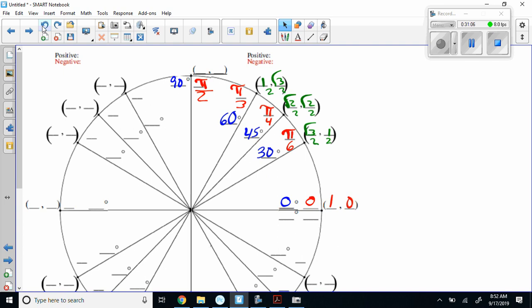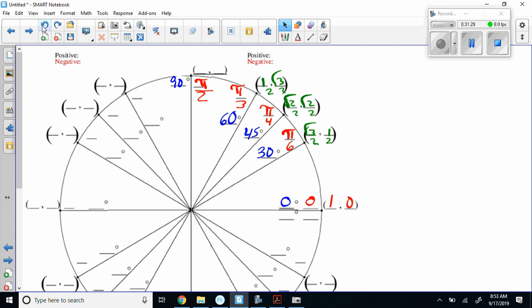Questions? So if you think about it, all the numerators got square roots, but the square root of 1 is 1, right? So that's why 1 didn't. Are you with me? Okay, good. All the denominators are 2.